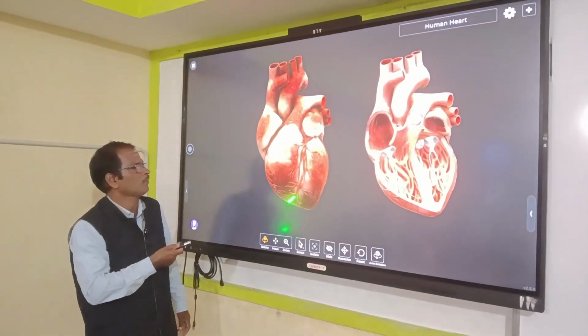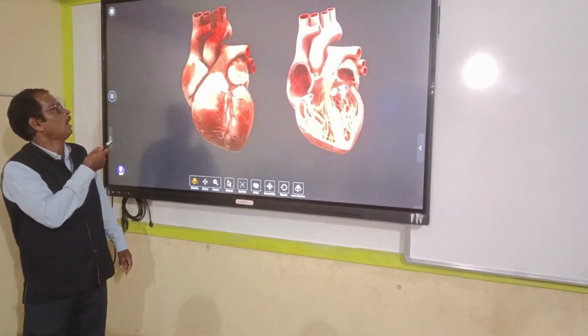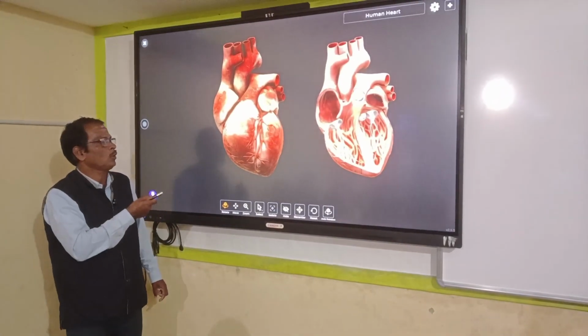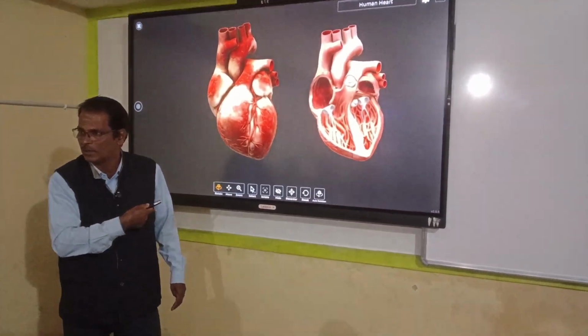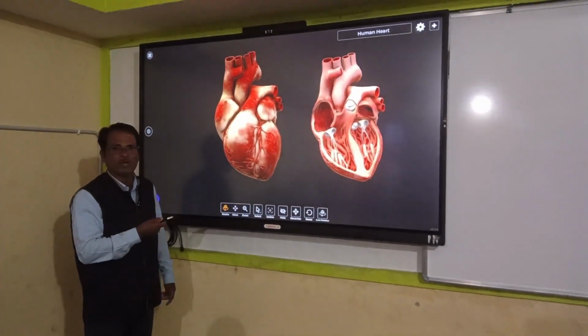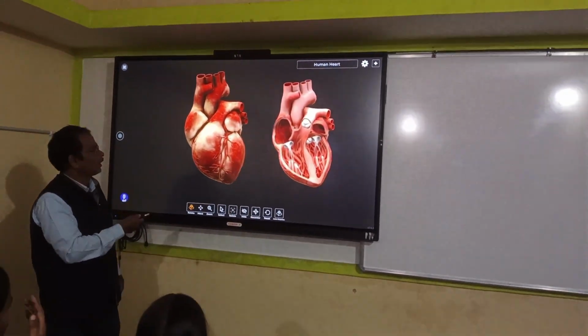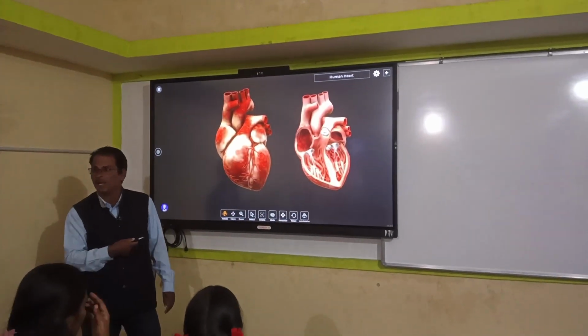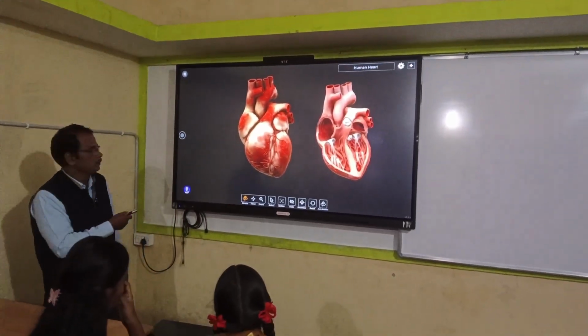The lower part has two chambers, the ventricles. So there are four chambers in the human heart.